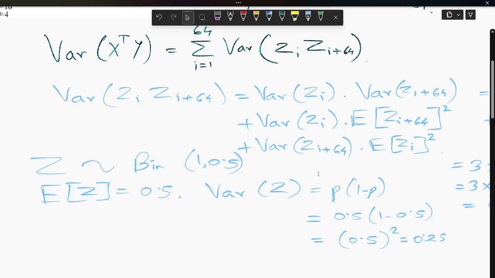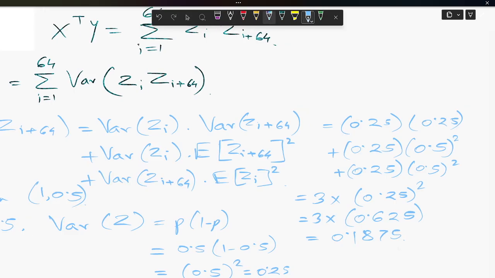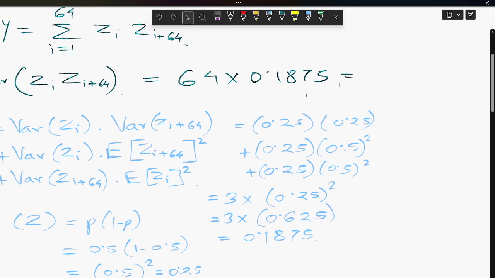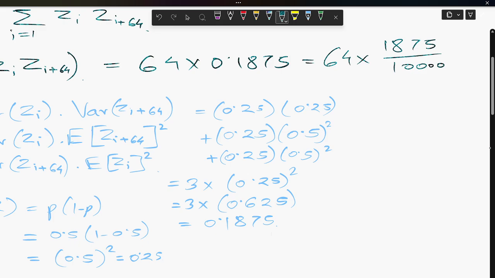Since there are 64 terms in the sum, the variance of X transpose Y is 64 into 0.1875. So we have to calculate it: 64 into 1875 upon 10,000.